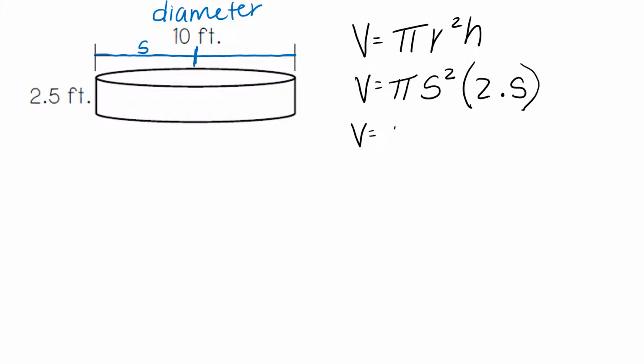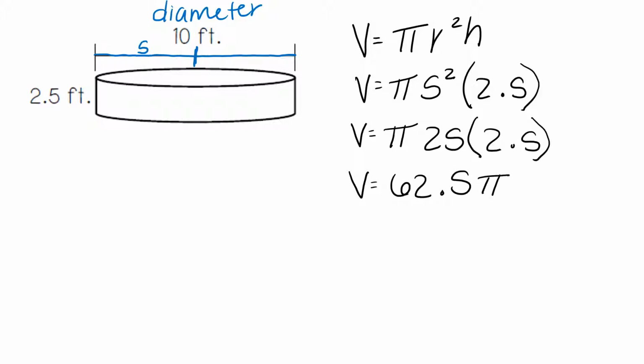When we solve the problem, we solve the 5 squared first to get us 25. Then we can multiply 25 by the height 2.5, which gets us 62.5. There's nothing else in the problem that tells us to either leave the answer in terms of pi or what to multiply by. So in that case, we are going to multiply by the pi button on the calculator.